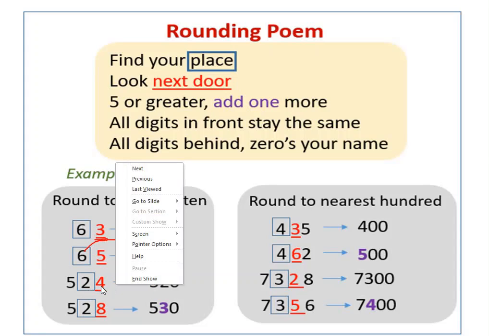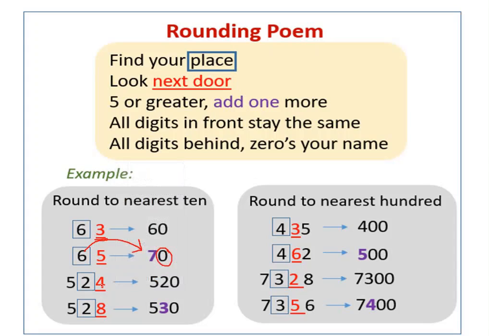Then I ask myself, is 4 equal to or more than 5, or is it less than 5? Since 4 is less than 5, it cannot help, so 2 will stay as it is, and instead of 4 and all of the numbers to the right, I will put 0, as you can notice here.